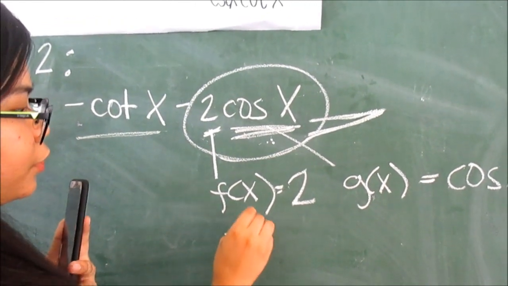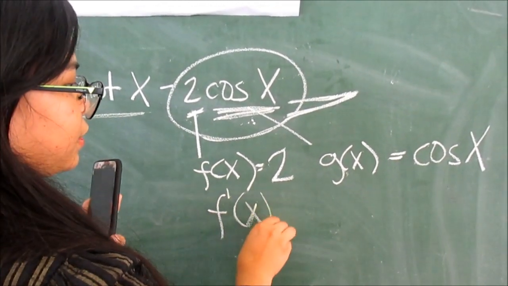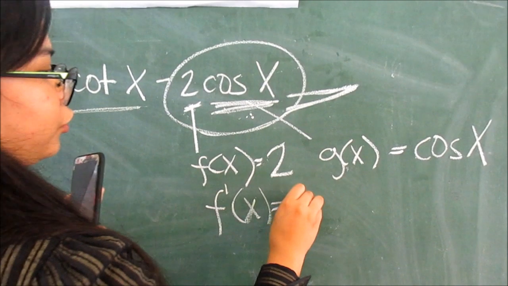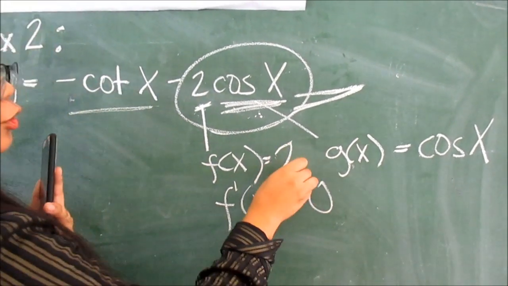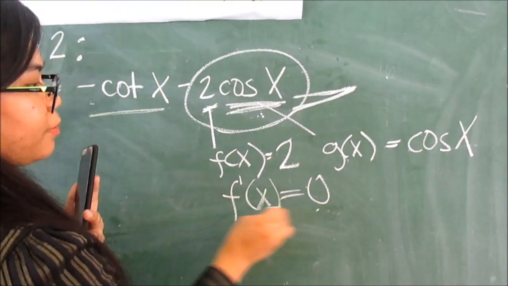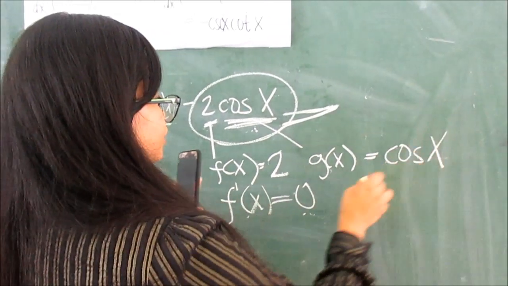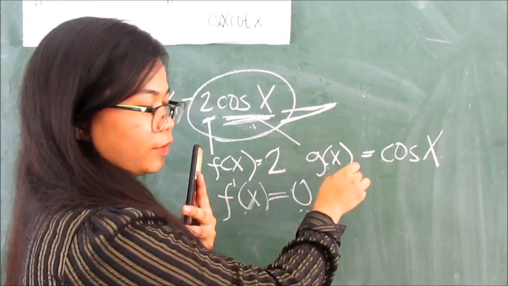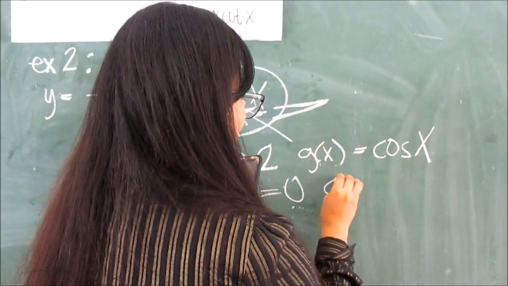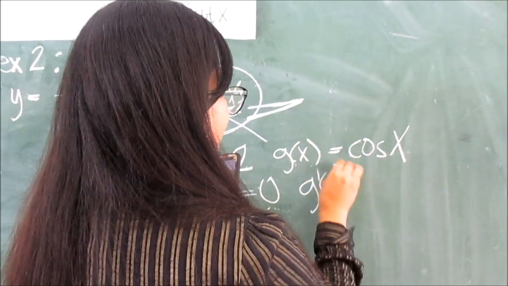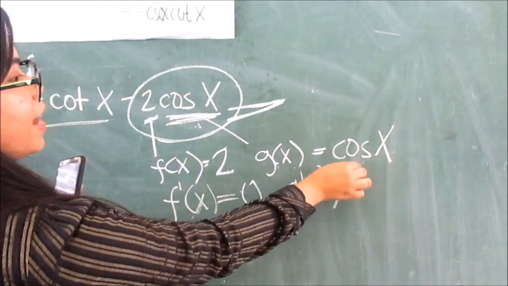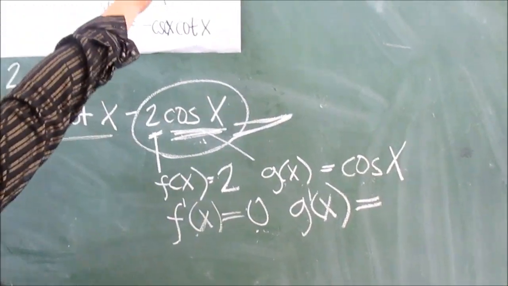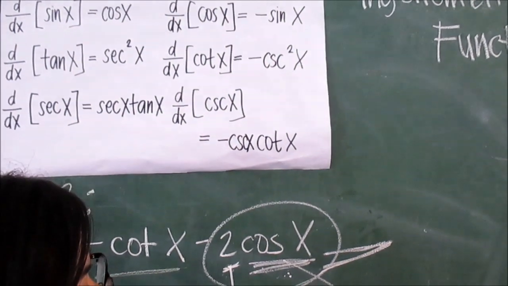The derivative of f of x is equals to 0. Since 2 is constant, 0 ang labasan nito. Sunod, hanapin natin ang derivative ng g of x. So, g prime of x is the derivative of cosine x, is equals to negative sine x.